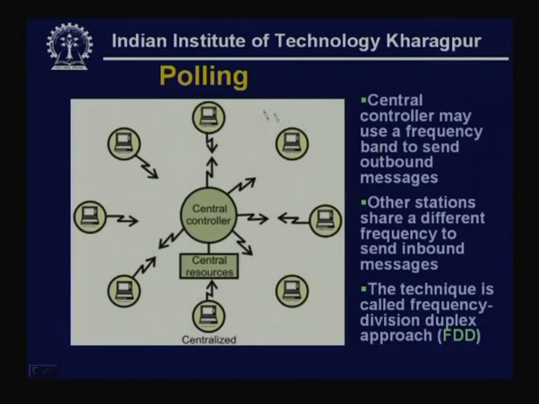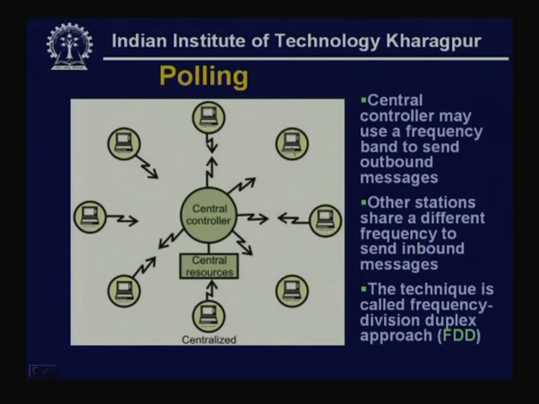Now, polling can be done in wireless communication also. There can be a central controller which may use a frequency band to send an outbound signal. You can see this is the outbound signal. This controller is sending outbound signals, and this is some kind of broadcasting which is received by all the other stations, and the other stations share a different frequency to send the inbound messages.